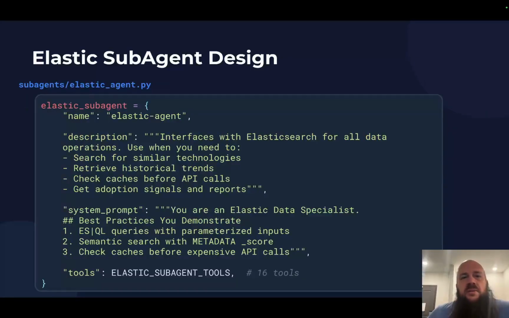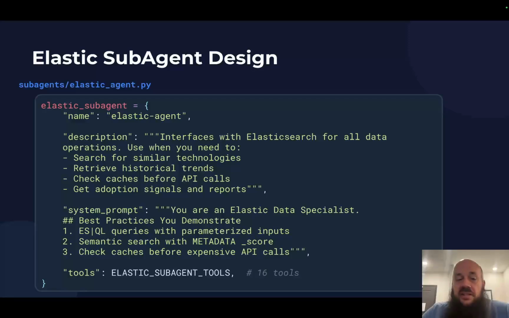And here's the actual sub-agent design. So again, all of these sub-agents have to have prompts. And so here's the one for Elastic: search for similar technologies, retrieve historical trends, check caches before API calls, get adoption signals and reports. These are all the things that it should have confidence that it can do. And then near the bottom, the system prompt, that's the most important part.